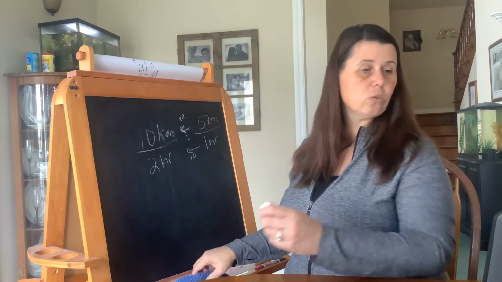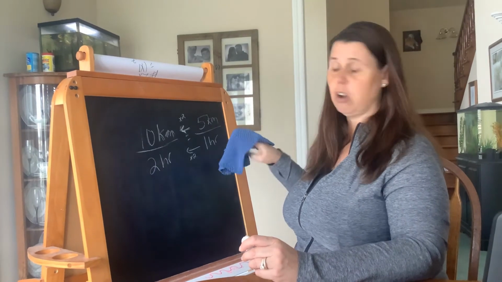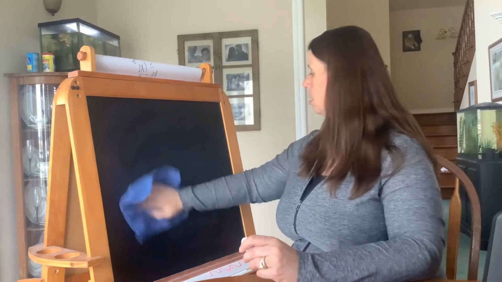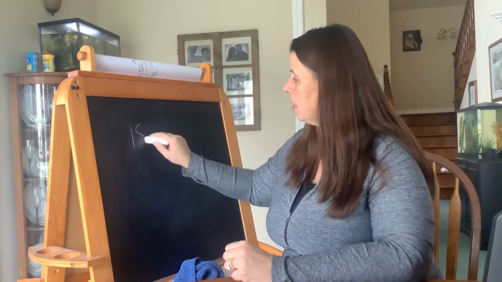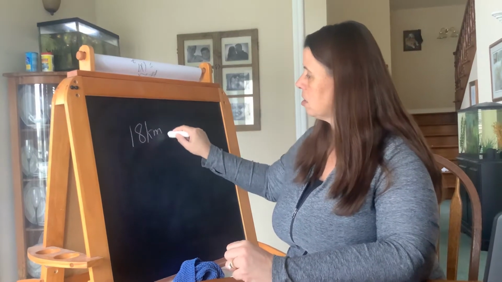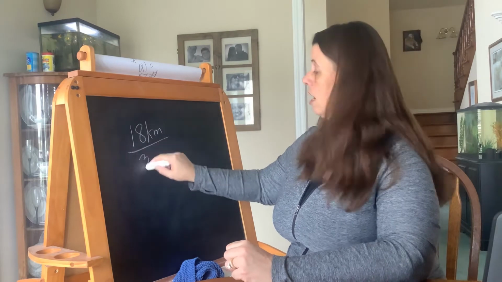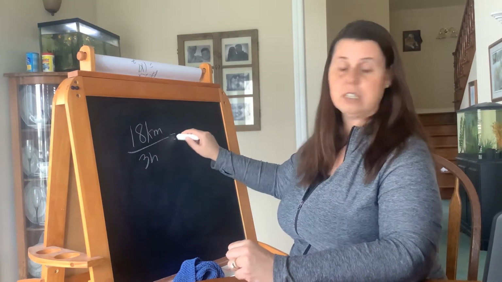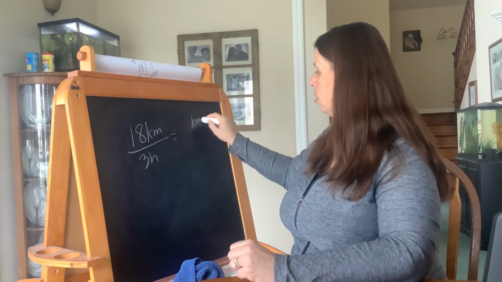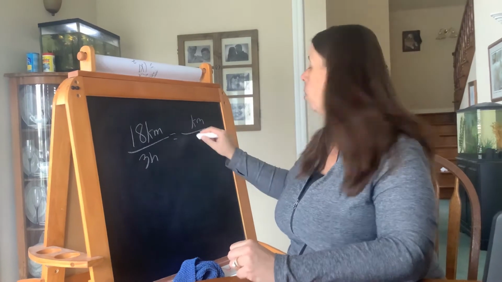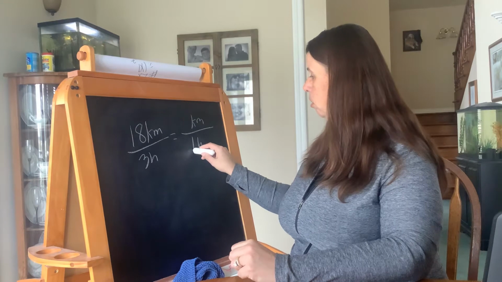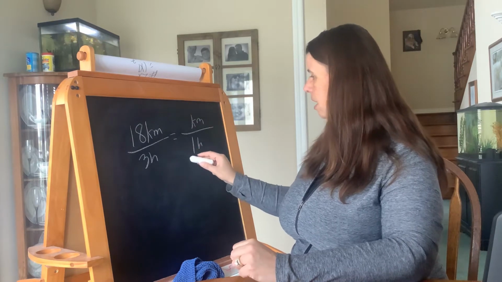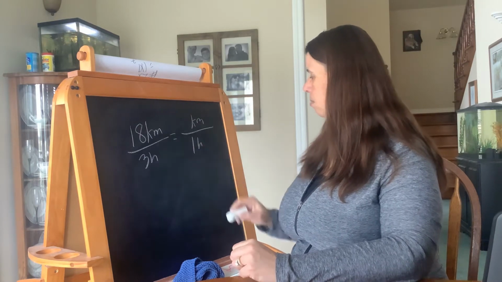So in the next questions, you're gonna draw in your arrows and say what it was multiplied by, okay? So the second one, they have 18 kilometers per 3 hours is how many kilometers per 1 hour? Okay, so I definitely multiplied 1 by something, right? I didn't multiply 3 by something to get 1.